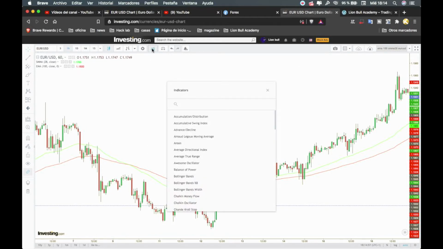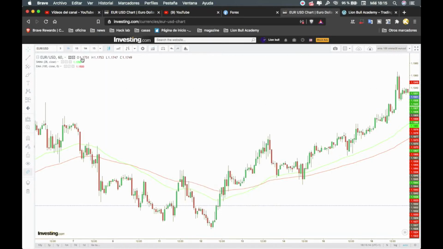First of all, we click here in investing.com charts, write SMA, and it says smoothed moving average. That's the first one we need. The second one will be the EMA, the exponential moving average. We click on that one, and then we have both.